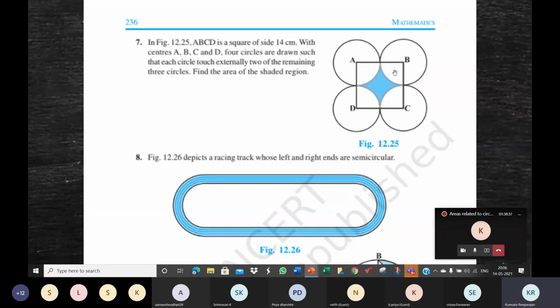We need to find the area of 1 quadrant and multiply by 4 to get the area of the 4 quadrants. Then the area of the square minus the area of the 4 quadrants will give us the area of the shaded region.